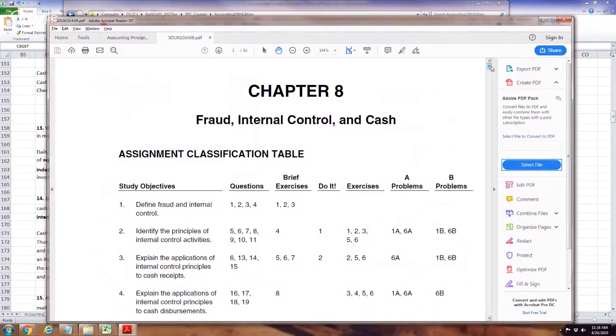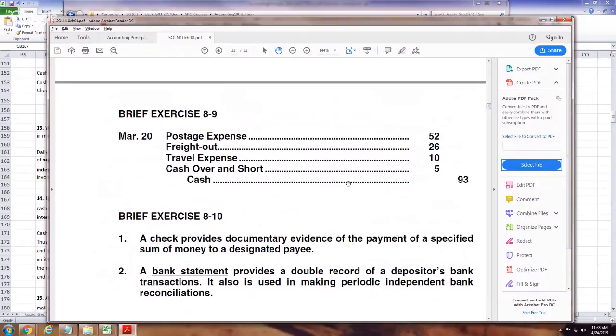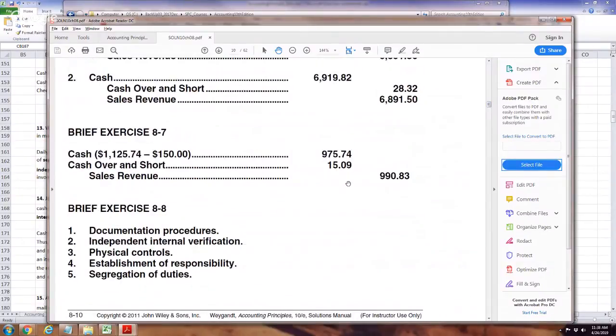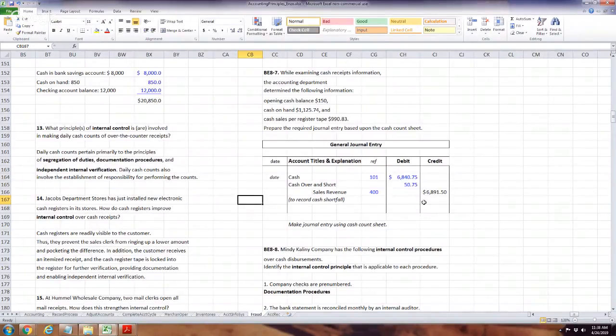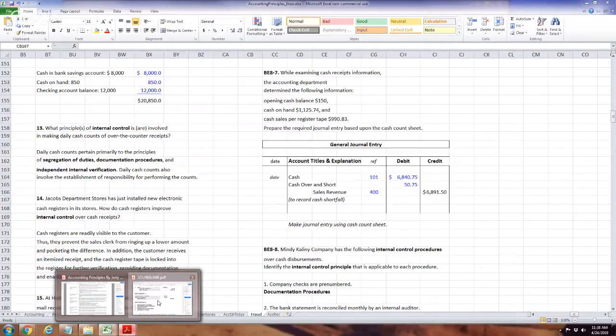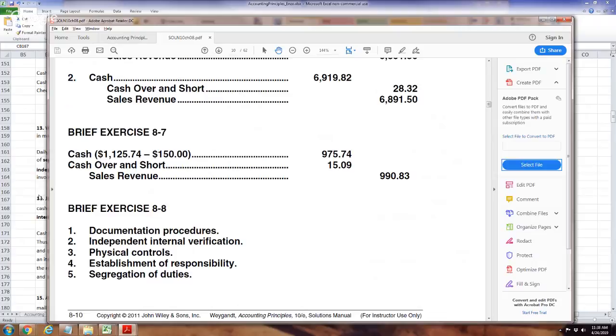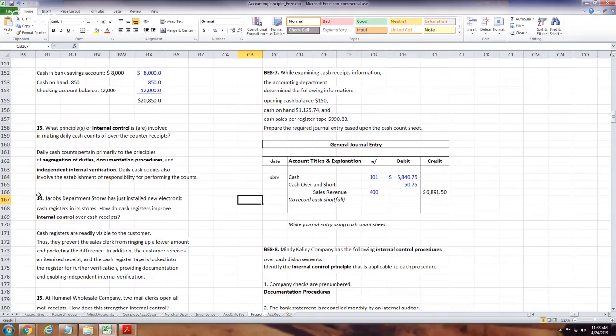Yeah, the cash chapter. So this number should be 990 type thing. That's what that number should be. So we want that to be that.